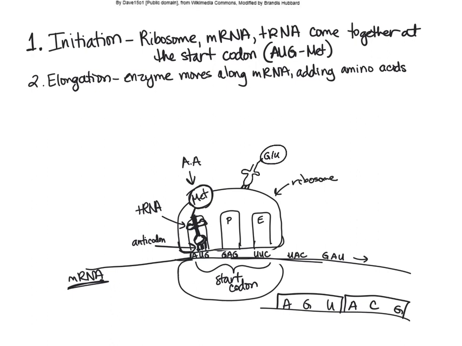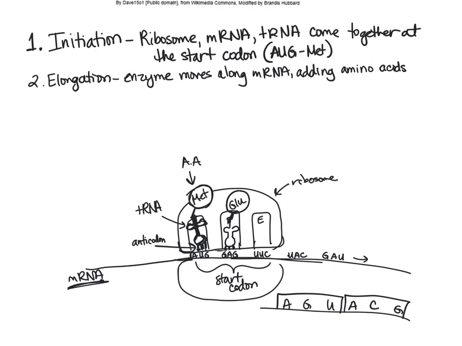It has the anticodon that's going to be the opposite and match up with GAG. So that's CUC. That's going to come down and attach itself in this next spot, in the P location here, and it has glutamic acid on it.